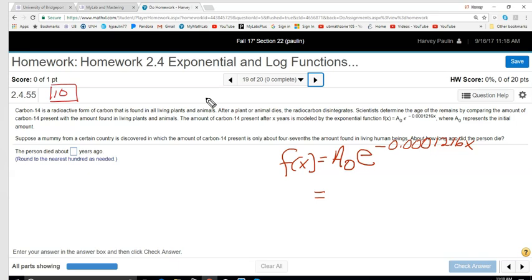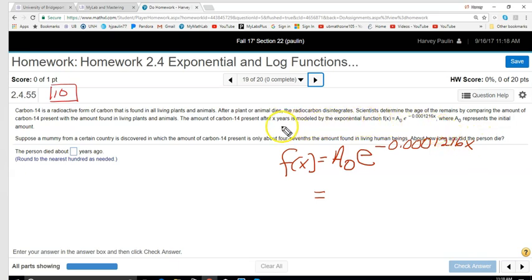So if you take a sample from dead organic matter and you compare it to what we have now, and they give that here in this formula, we can then determine how long ago, with this decomposition rate, that material was alive.